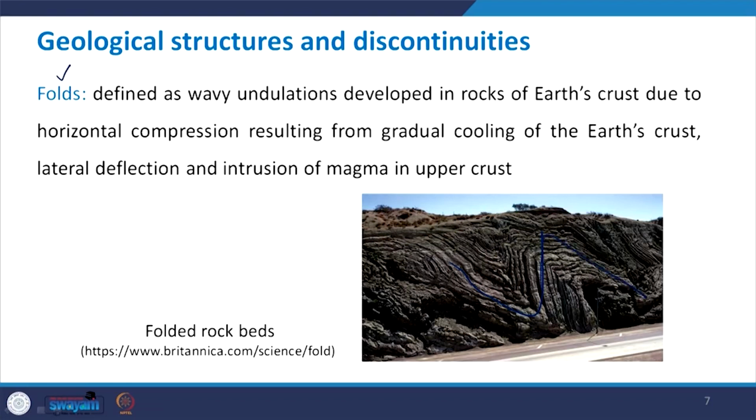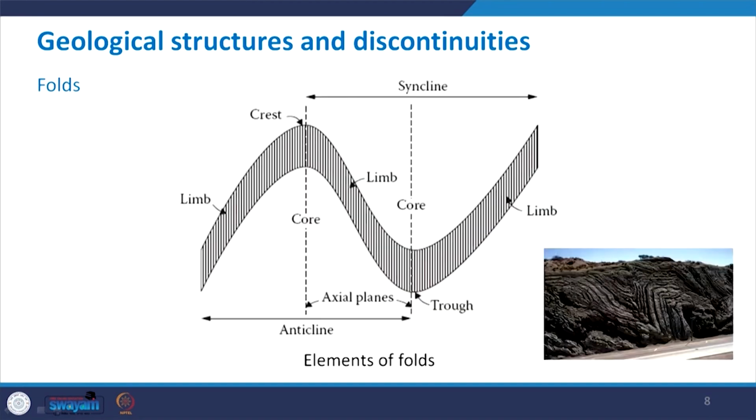Now, what are the various features of this? Let us try to understand with the help of this figure. This figure shows us the elements of folds, and you can compare this figure with this picture, and then you will be able to visualize what we mean by anticline and syncline here.